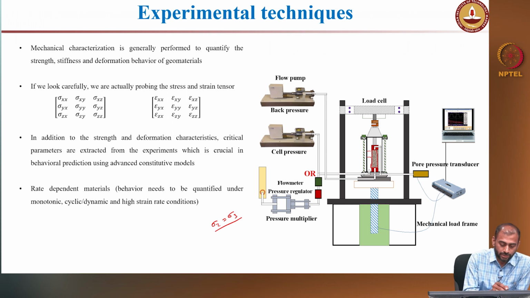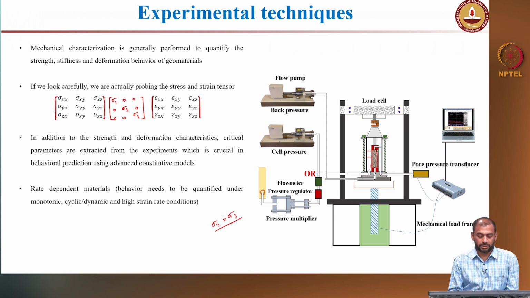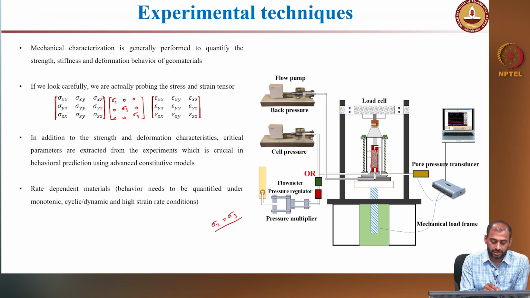So as you see here, this is your stress tensor, which has 9 components, right? Again, you have a strain tensor which has 9 components. When you're doing a triaxial compression test, you're trying to probe sigma 1, with sigma 2 equal to sigma 3, right? The other shear components are 0. So you have a stress matrix where you have sigma 1, sigma 2 and sigma 3.